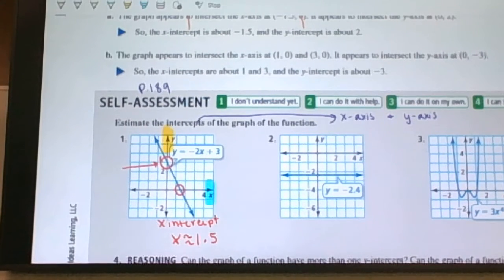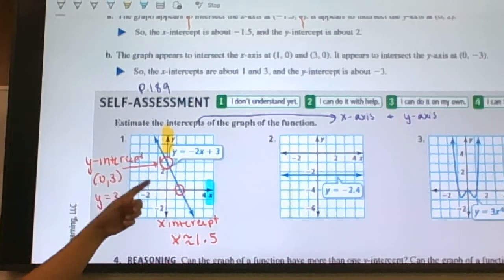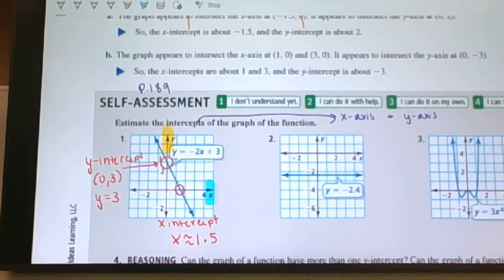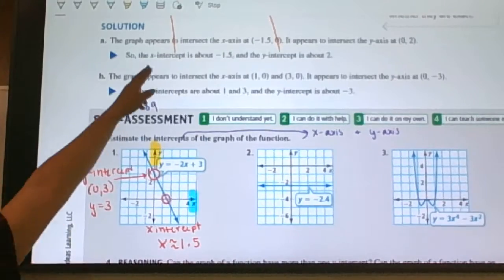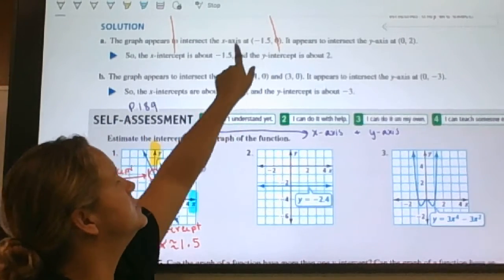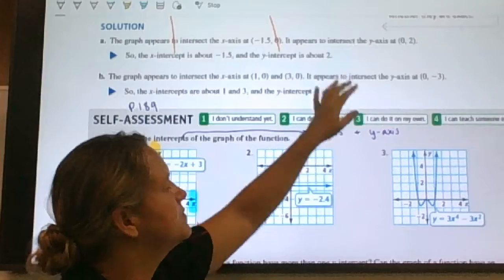That's 3. You can say that y equals 3, or you can show it as 0, 3, the exact ordered pair. Here you can see the textbook does it both ways. They do the point, and then they do the value.